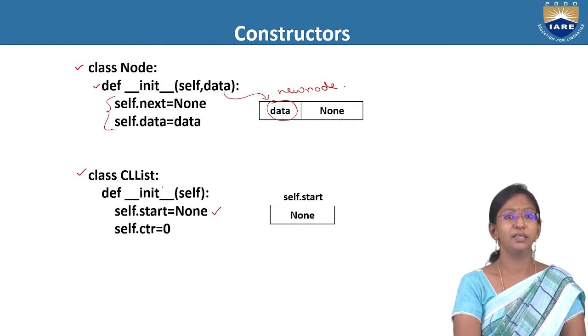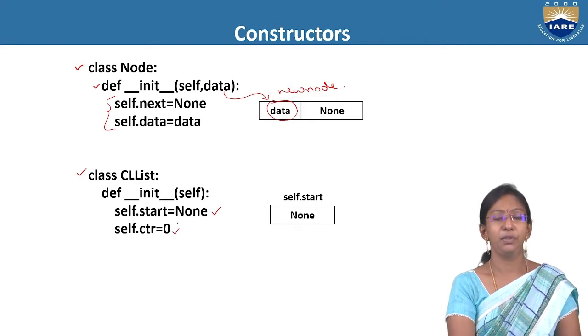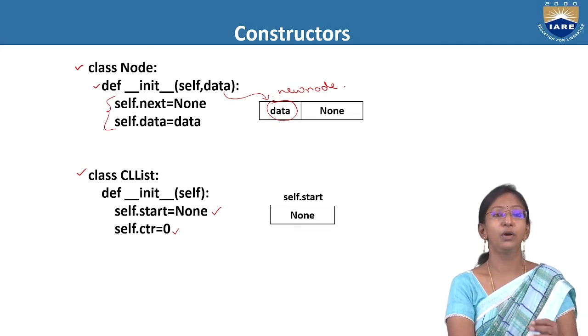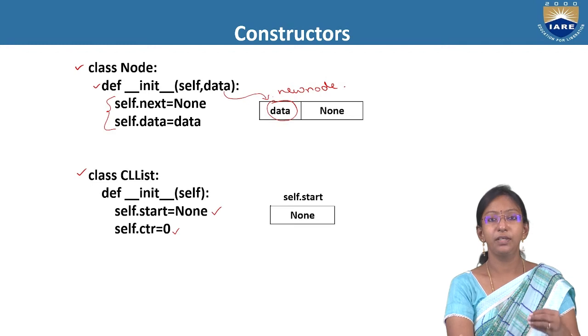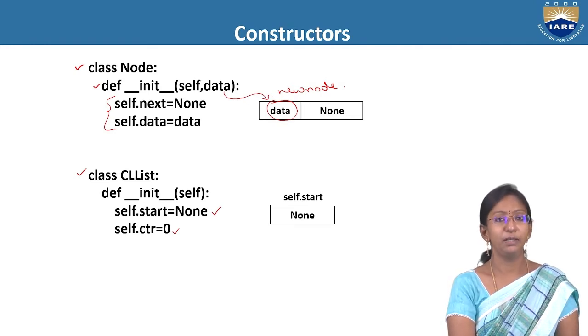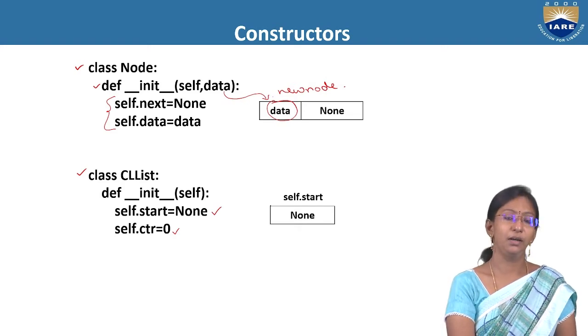Next one is ctr. ctr is nothing but a count variable, to hold the count of the number of nodes, that is the number of data values present in my circular linked list. After each and every insertion, the count will be incremented. With every deletion, the count will be decremented. Am I right?